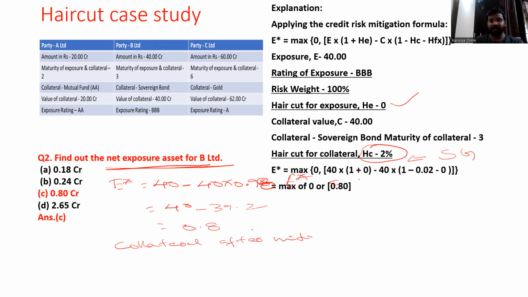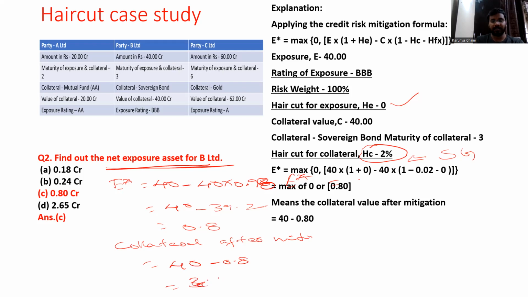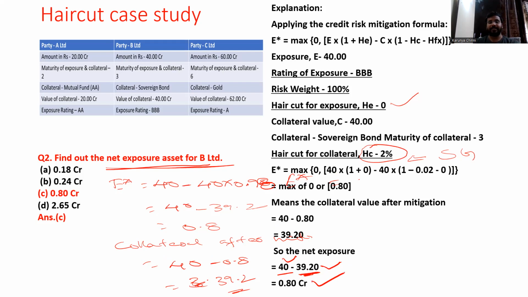What is the collateral after mitigation? It is 40 minus 0.8, that is 39.2. Now we have to calculate the net exposure. What do we mean by exposure? Unsecured loan, that is loan amount minus collateral value. Loan amount is 40 crores minus net collateral value after mitigation, that is 39.2. So we get 0.8.